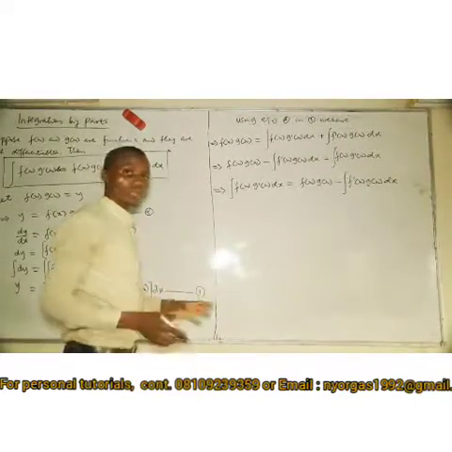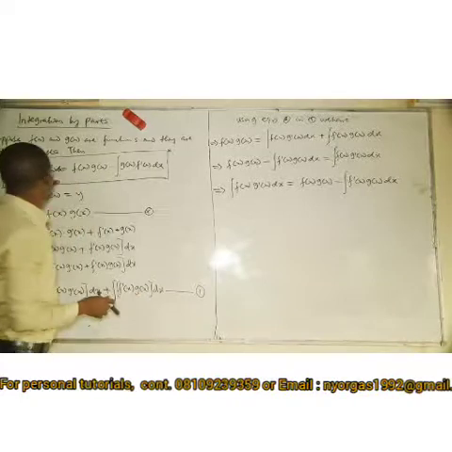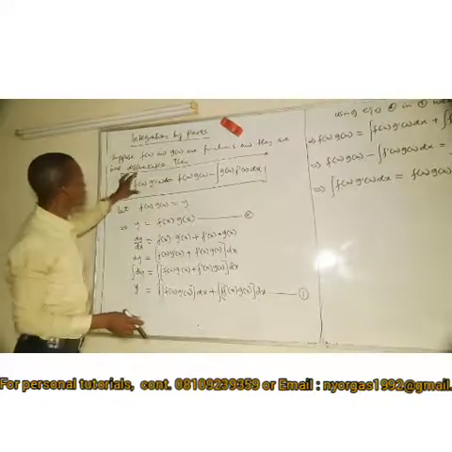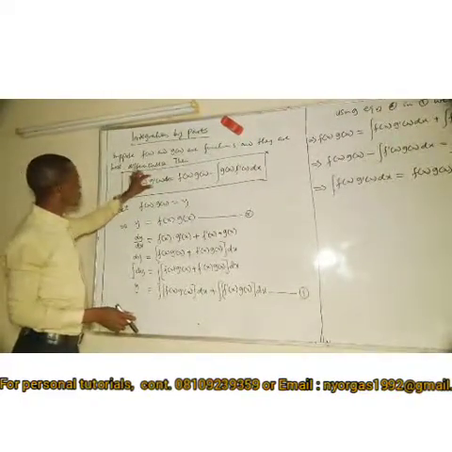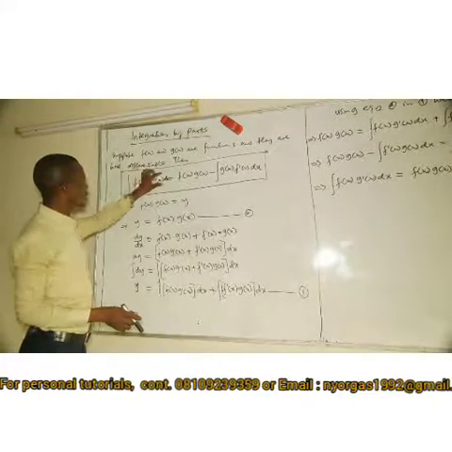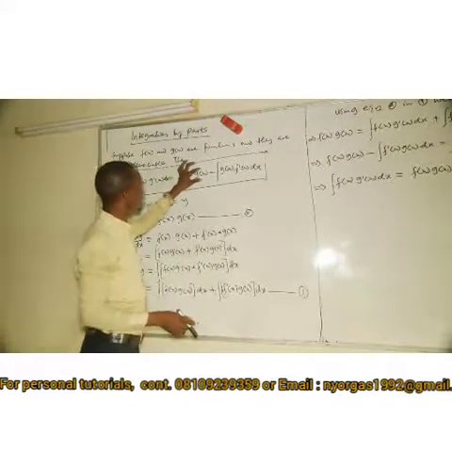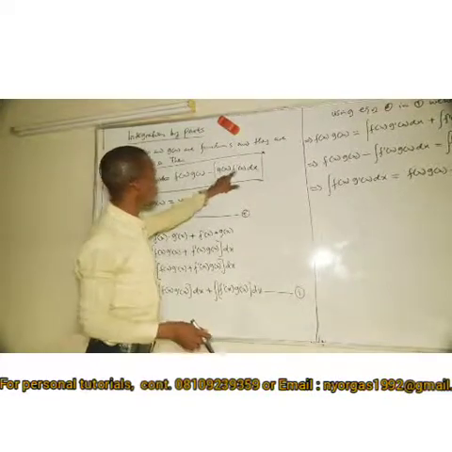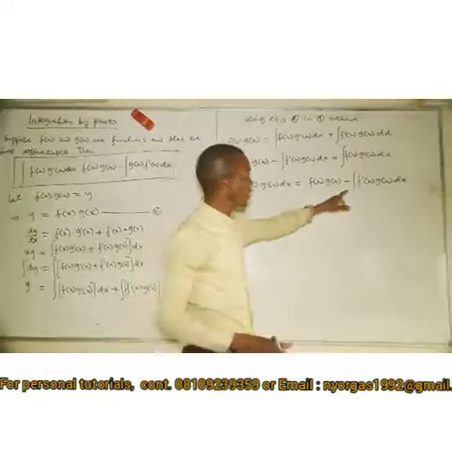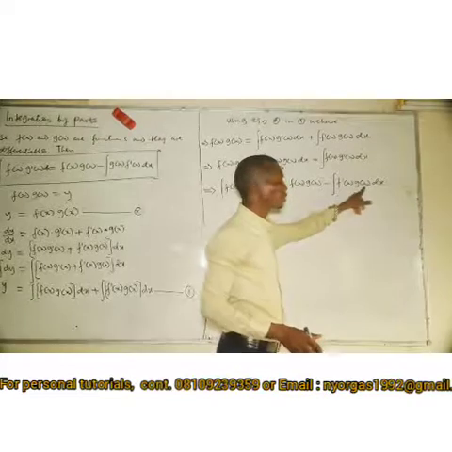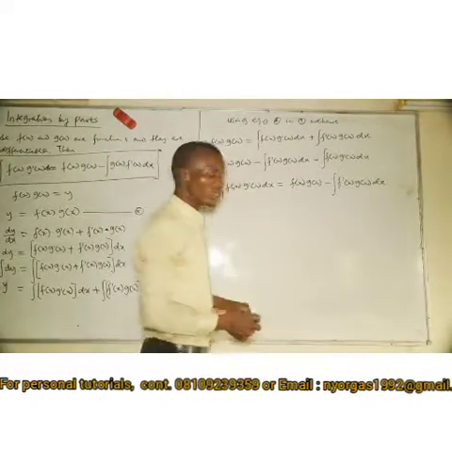We know that multiplication is commutative. Here we have f prime of x g of x, but the formula we stated has g of x f prime of x. Multiplication is commutative, it is the same thing.